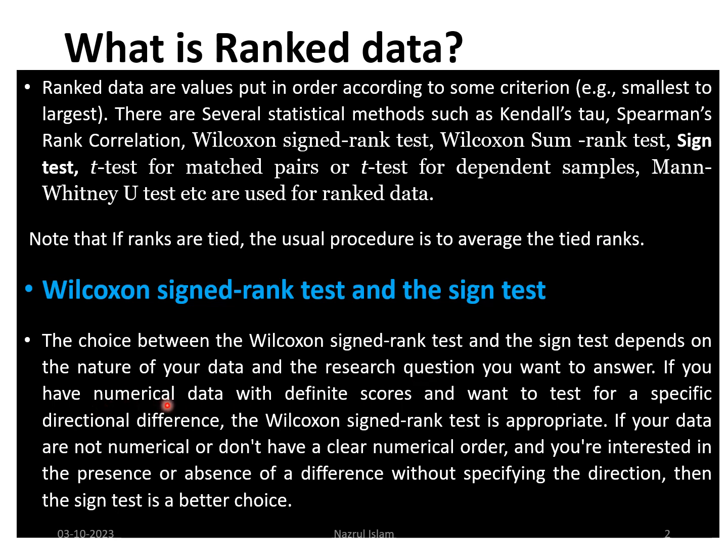If you have numerical data with definite scores and want to test for a specific directional preference, the Wilcoxon signed rank test is appropriate. If your data are not numerical or don't have a clear numerical order and you are interested in the presence or absence of a difference without specifying the direction, then the sign test is a better choice.